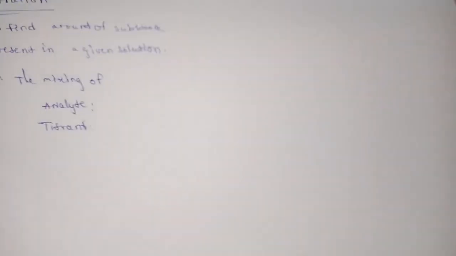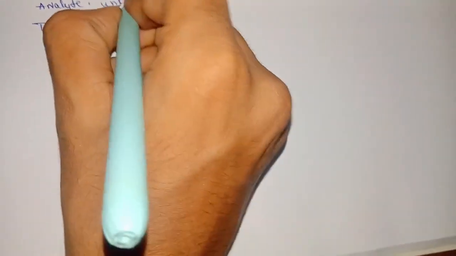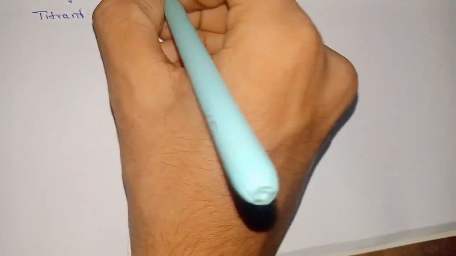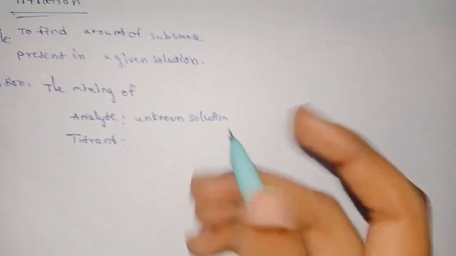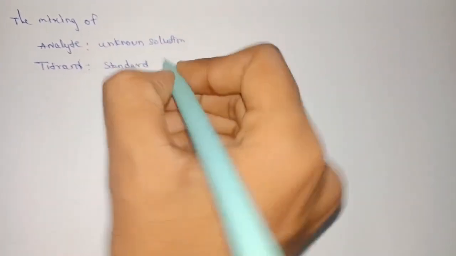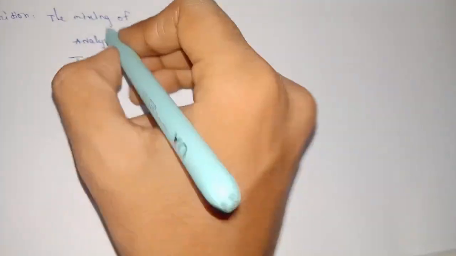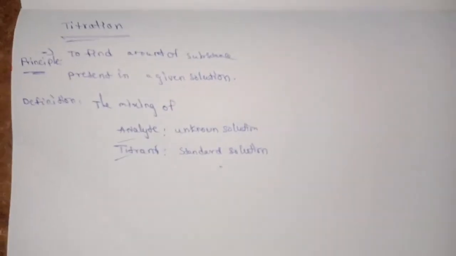Then what is titrant and what is analyte? Analyte means the one in the unknown solution. Titrant means the standard solution or known solution. So the mixing of analyte and titrant is called titration.